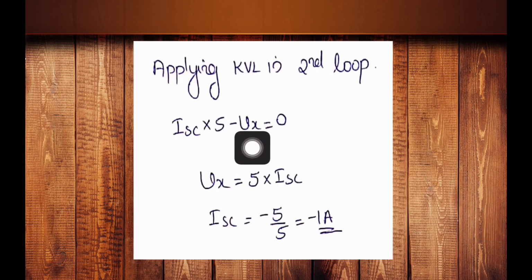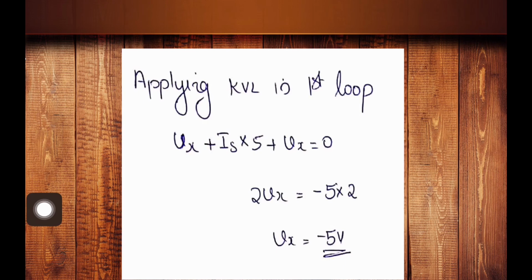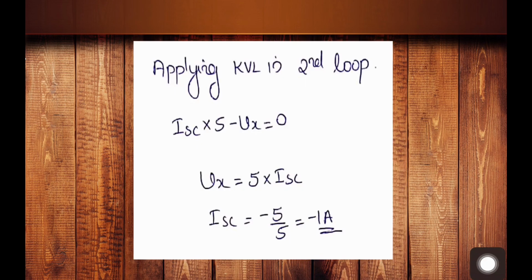Correspondingly, we add a term minus Vx to our KVL equation. So we get ISC into 5 minus Vx is equal to 0, or Vx is equal to 5 into ISC. Vx is already calculated as minus 5 volt. By substituting this value, we get the short circuit current ISC is equal to minus 5 by 5, that is equal to minus 1 ampere.